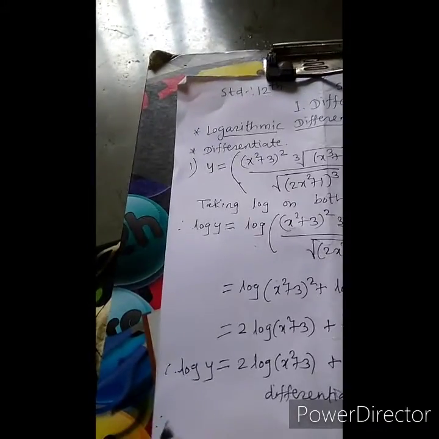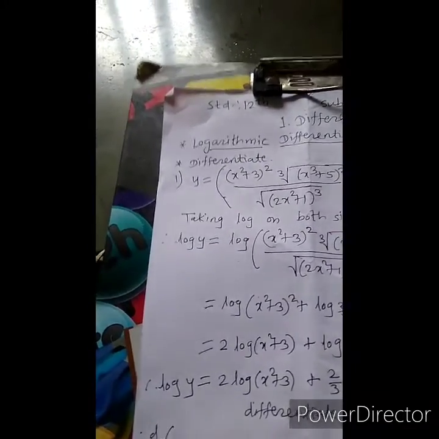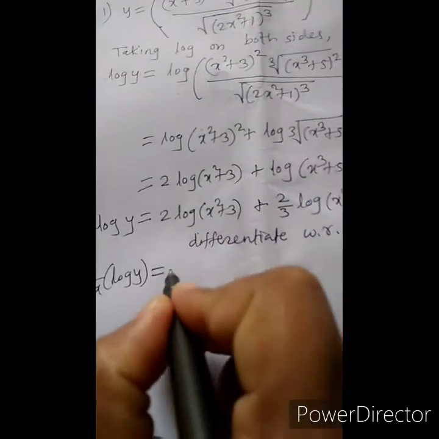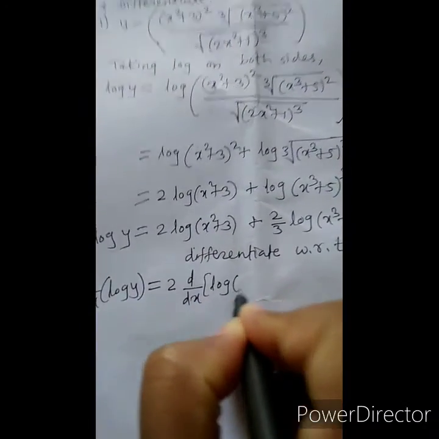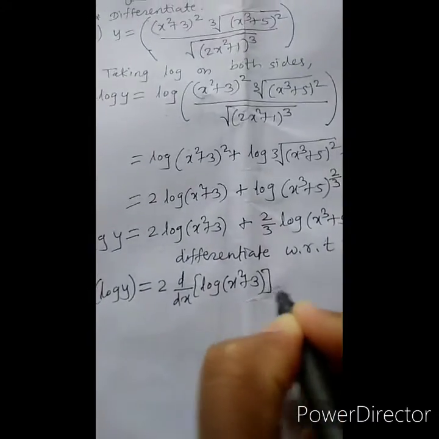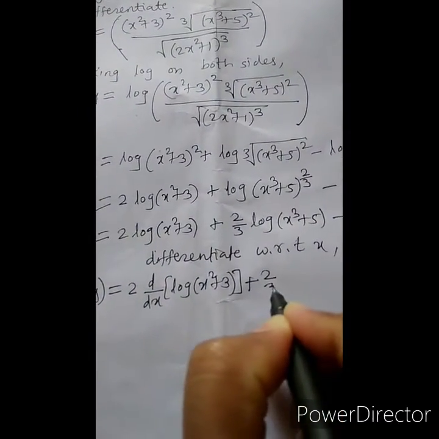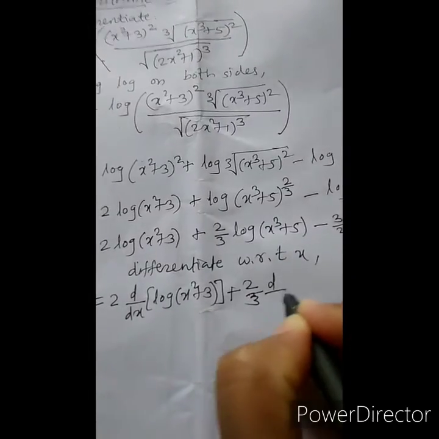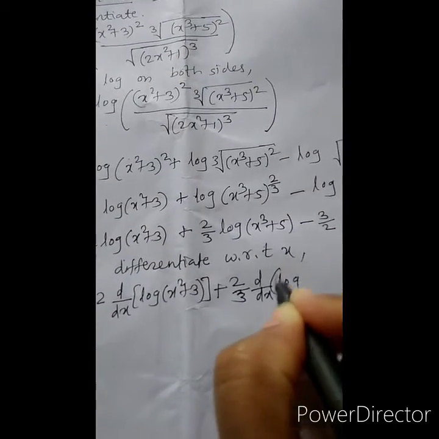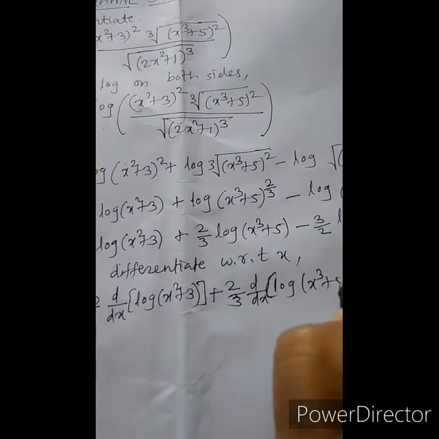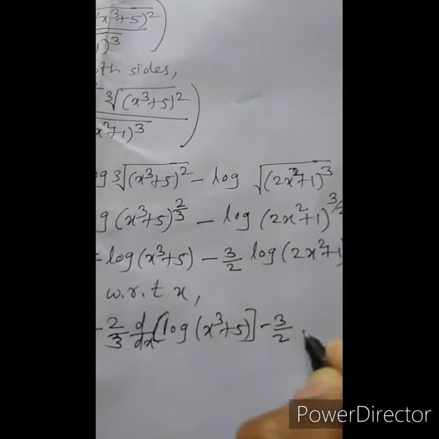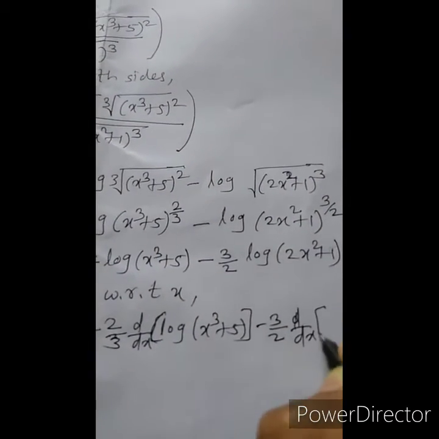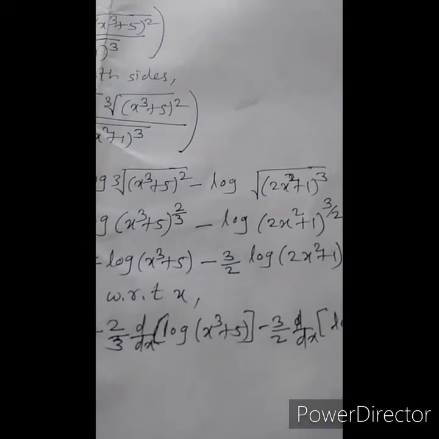Therefore, d by dx of log of y is equal to, 2 is constant, therefore 2 d by dx of log of x square plus 3, plus 2 upon 3 is constant, so 2 upon 3 as it is, d by dx of log of x cube plus 5, minus 3 upon 2 is constant, so as it is, 3 upon 2 d by dx of log of 2x square plus 1.